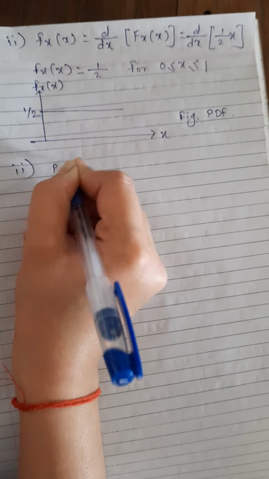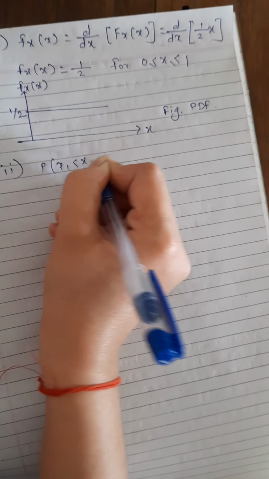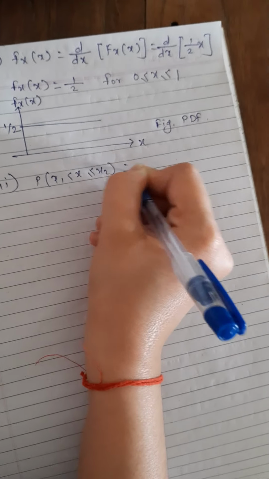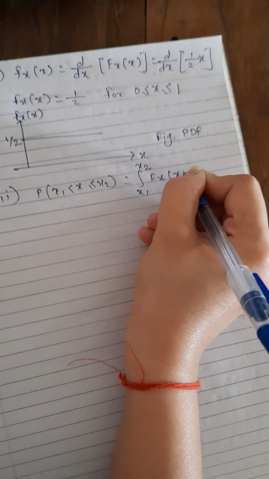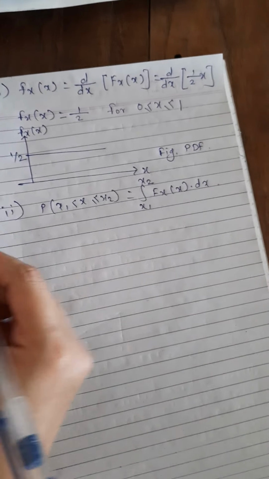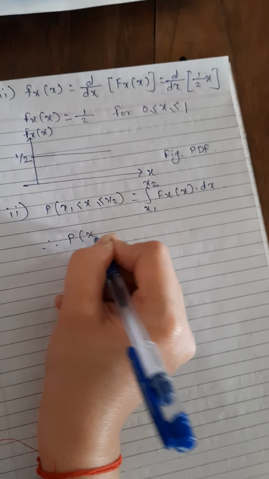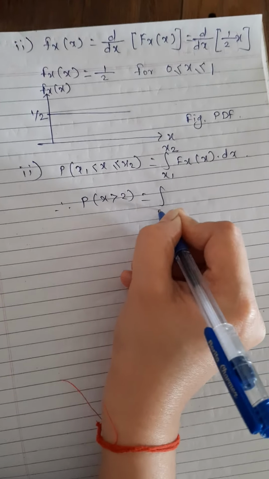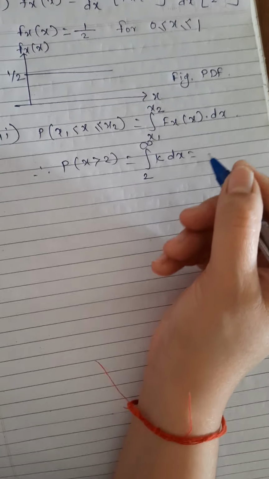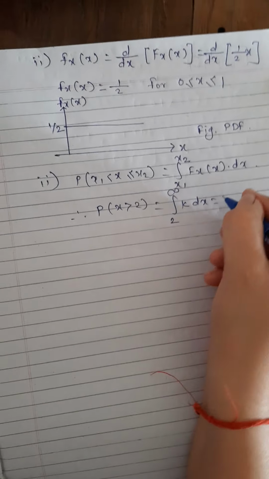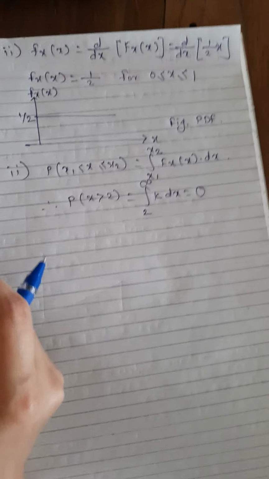So the probability of x1 to x2 is the integration from x1 to x2 of fx of x dx. Therefore P of x greater than 2 is the integration from 2 to infinity of kx dx. What is the value of k? It is 1, so its answer is 0.